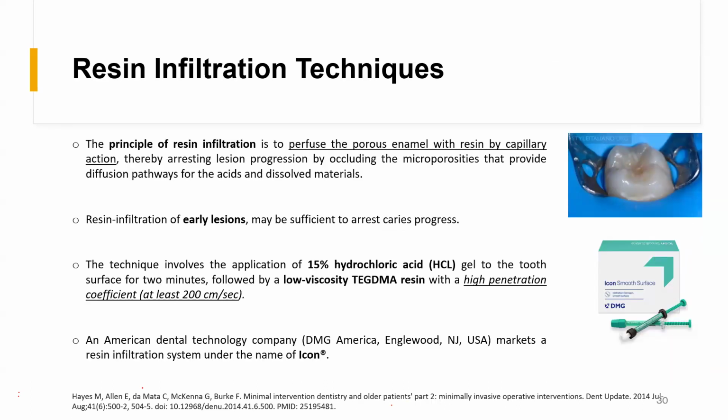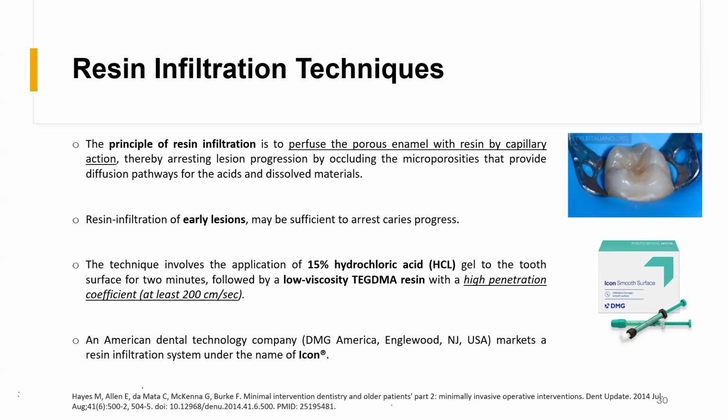Now, for the resin infiltration technique, it involves the infusion of resin into porous enamel through capillary action, thereby arresting early carious lesions, which is the white spot progression. This technique includes the application of 15% hydrochloric acid gel to the tooth surface for 2 minutes.